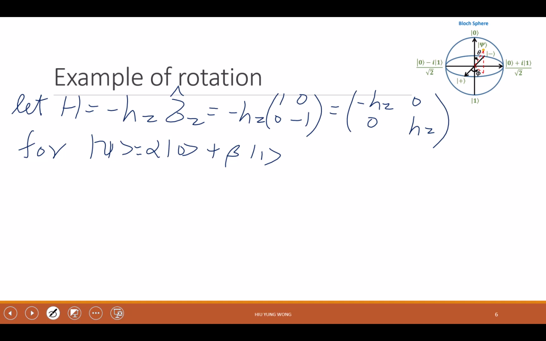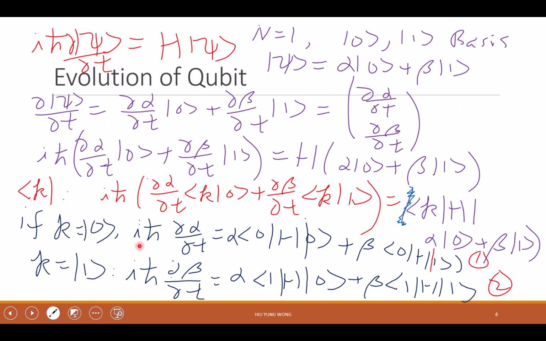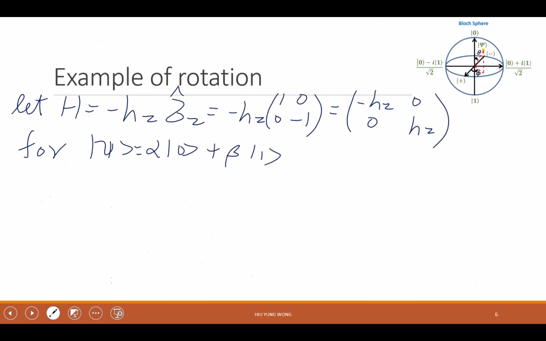Then let's go back to the equation we have learned earlier. I h bar partial alpha partial t equals this one, so I'm going to write it.